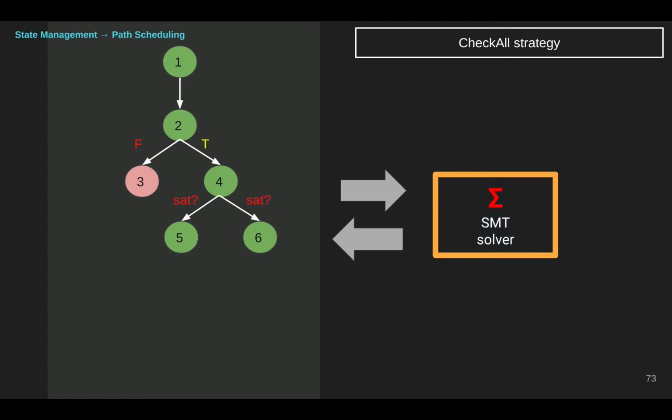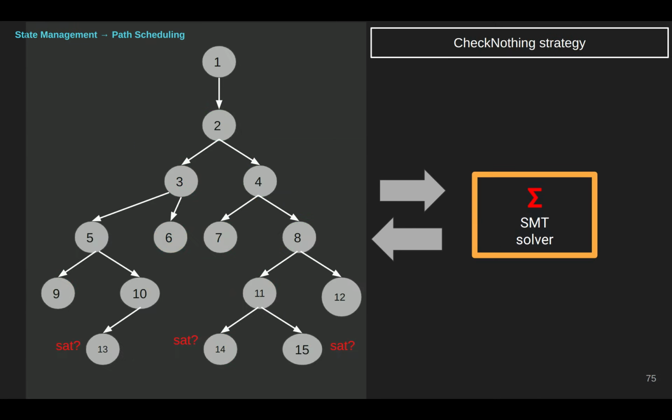Now, what this incurs is a lot of calls to the SMT solver, and if your constraints are complex, then it might take a long time. On your critical path, which is the symbolic executor, you're always calling the SMT solver, and that means it's part of your critical path, and that might slow down your execution. So you might say, okay, I don't care, I'll just check nothing.